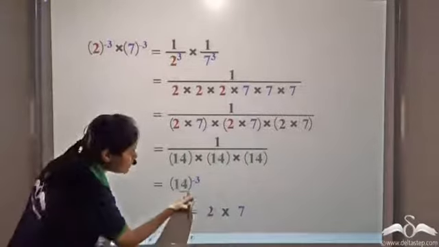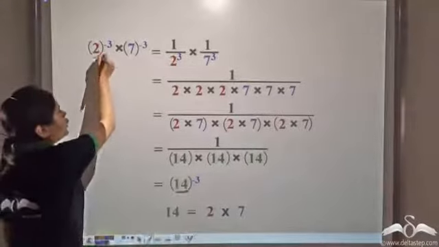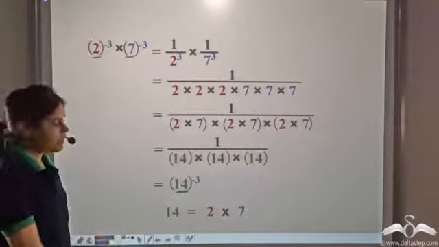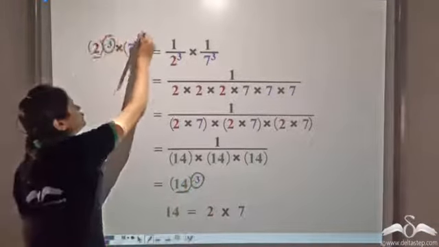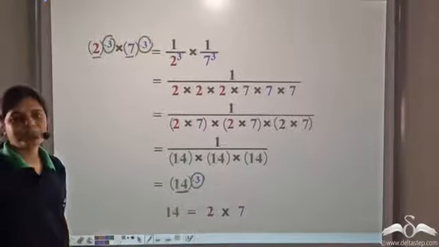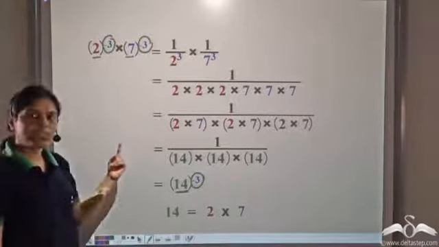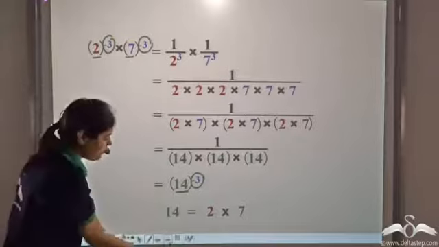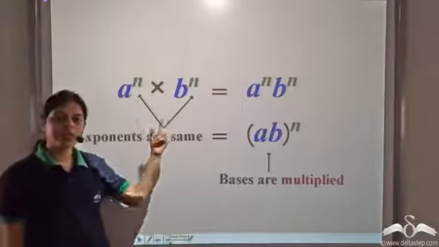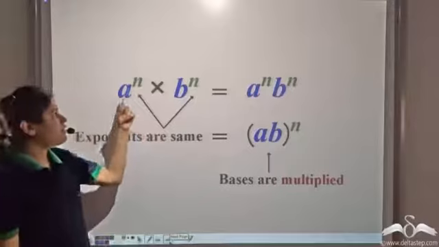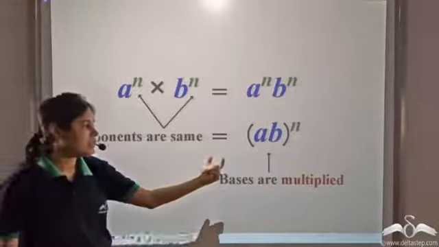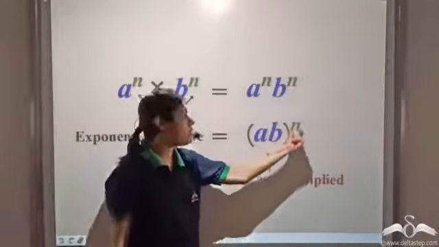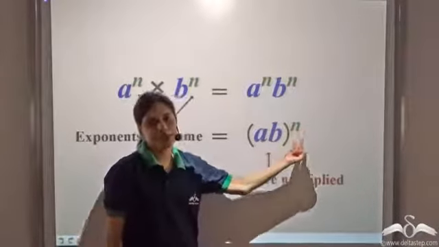So the base of this number is the product of these two bases, and the exponent of this number is the same as these two exponents. So we can generalize these results. If we multiply two exponentials with the same power but different bases, then the bases are multiplied and the power, or the exponent, remains the same.